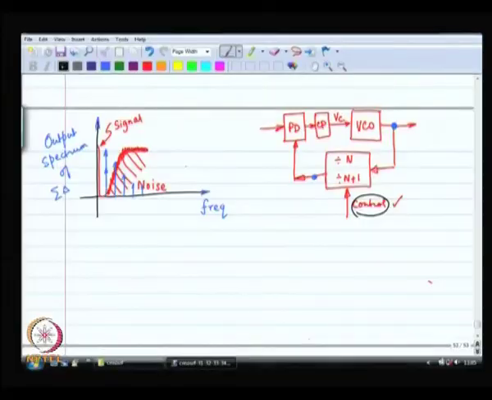What do you expect? You expect the output of the VCO to look exactly like that, modulated at the output frequency, right. That is what is going on. You are just modulating the signal at the output frequency.